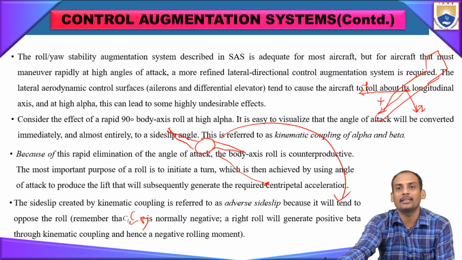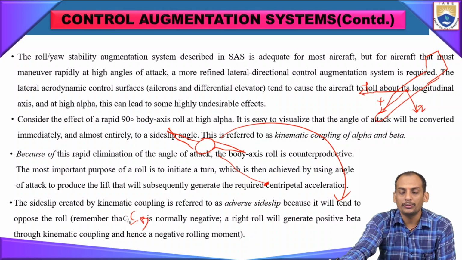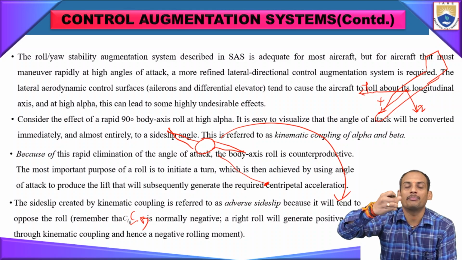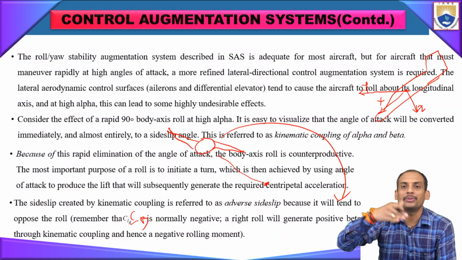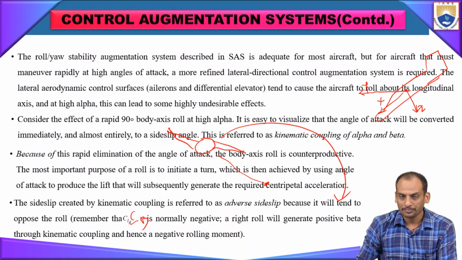When the value of this stability derivative is negative, the roll will generate a positive beta through the kinematic coupling. Hence we will achieve that negative rolling moment when this kinematic coupling is installed, for making rolling and pitching moment at a time.